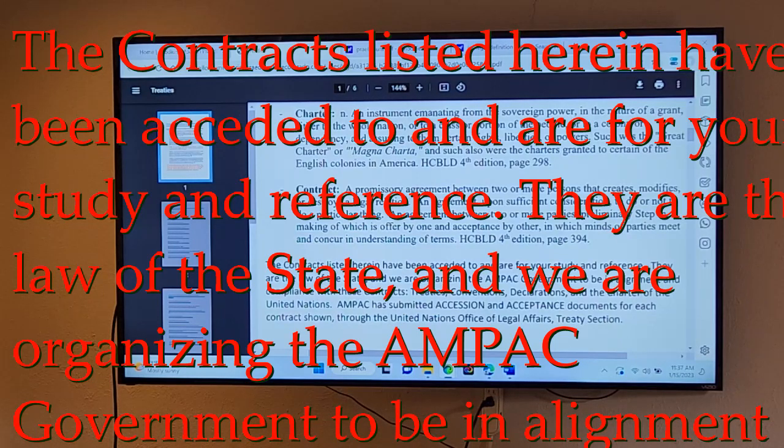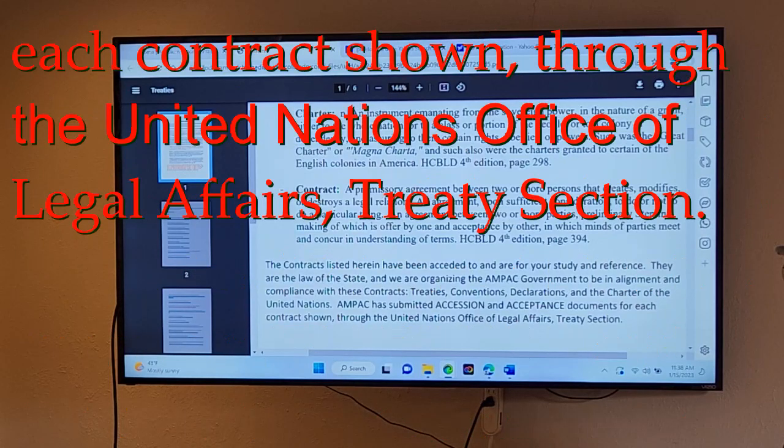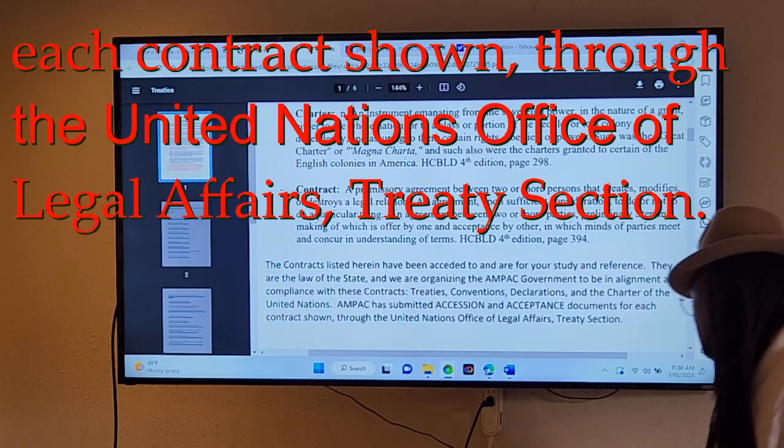They are the law of the state, and we are organizing the AMPAC government to be in alignment and compliance with these contracts, treaties, conventions, declarations, and the Charter of the United Nations. AMPAC has submitted accession and acceptance documents for each contract shown through the United Nations Office of Legal Affairs treaty section.